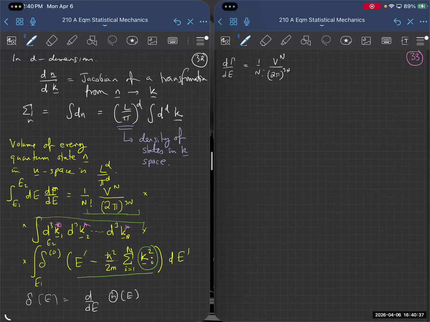So I'm going to write this thing as d by dE of the integral d3 k1 up to d3 kn, and then the Heaviside function of E minus h bar squared over 2m ki squared, like so.